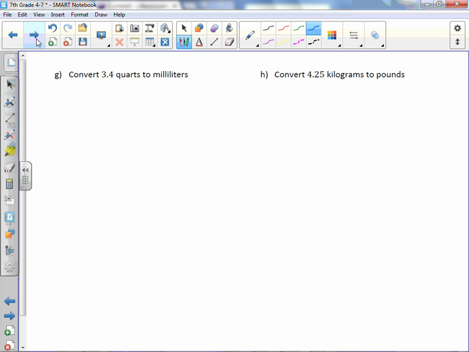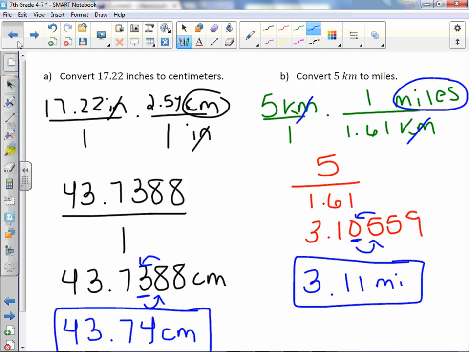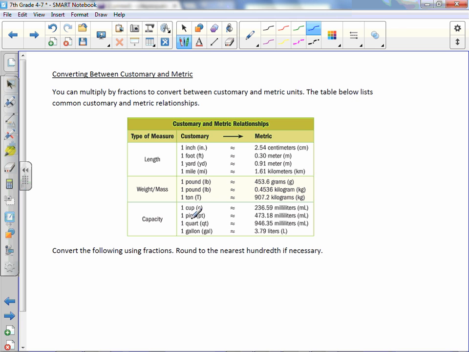Convert 3.4 quarts to milliliters. So 3.4 quarts is QT over 1 times. We're converting quarts to milliliters. 1 quart is 946.35 milliliters approximately.